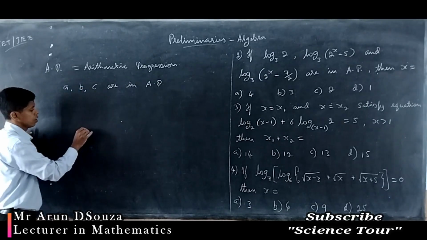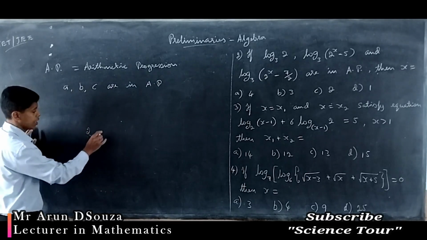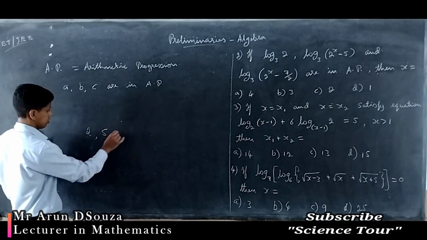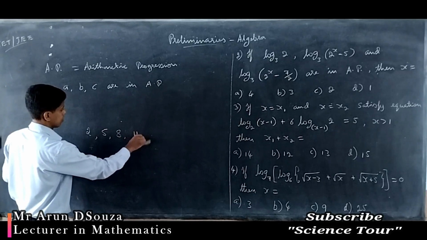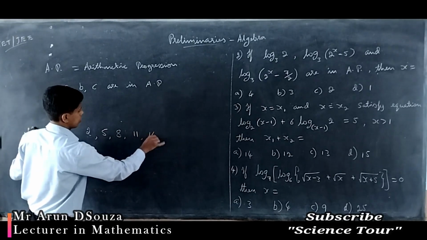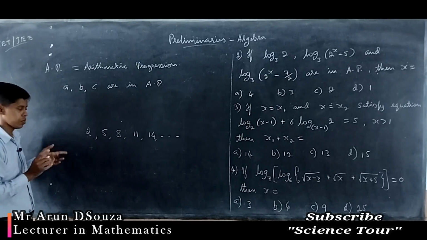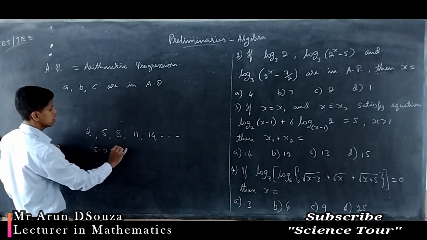Example, let us say I am starting with 2, then I have 5, then 8, 11, 14. Now is this an arithmetic progression? Yes, because 5 minus 2 is 3.